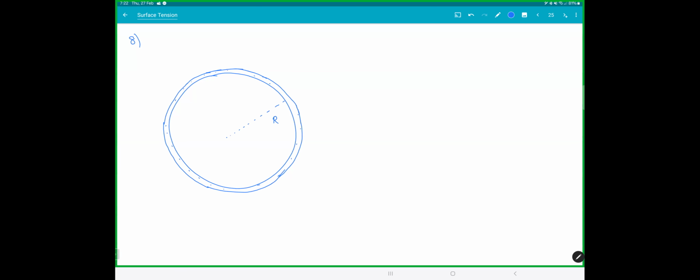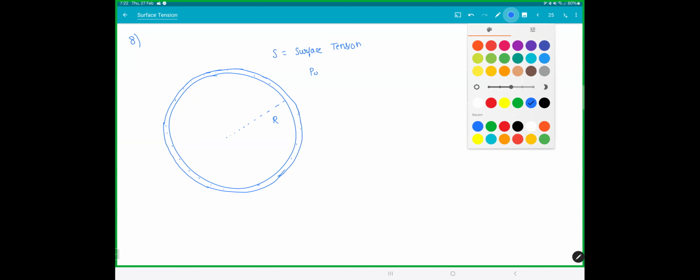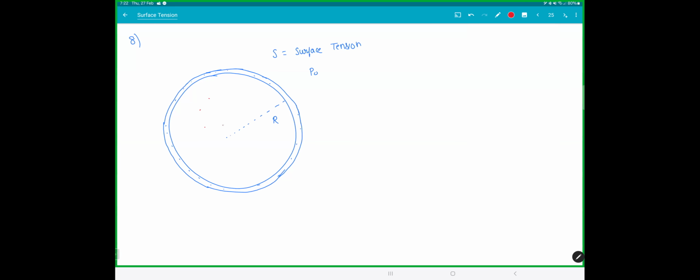S is the surface tension. Outside pressure is P naught. Inside it is filled with air whose viscosity is eta. So it's viscous air.